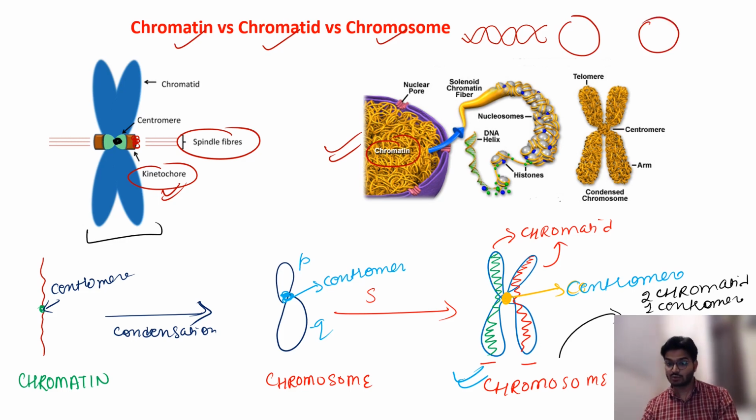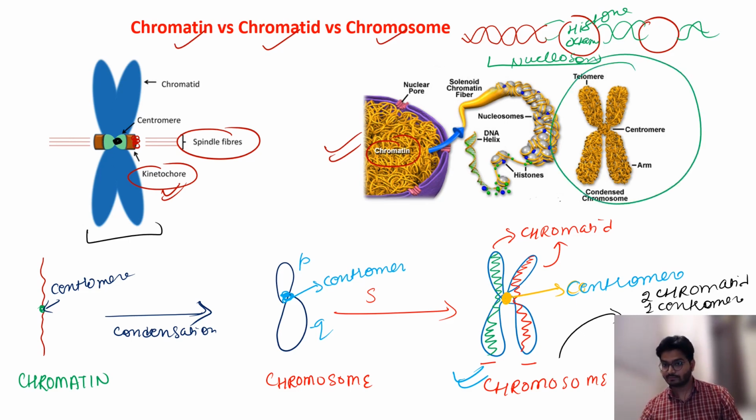The histone octamer is made up of histone proteins, and the DNA gets wrapped around it. Collectively they are known as the nucleosome. So initially a thin thread-like structure, and after condensation they form the nucleosome, then the solenoid model, and then ultimately you get something very complex, the highly condensed form, that is your chromosome.